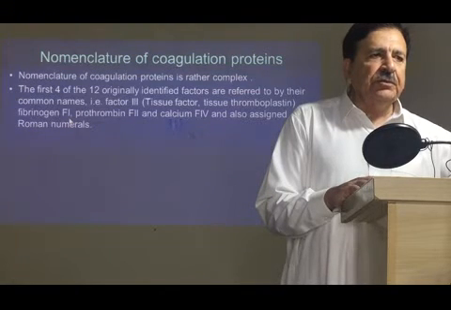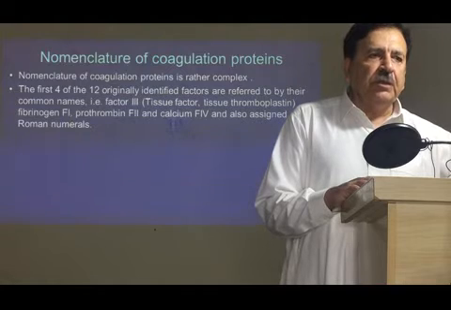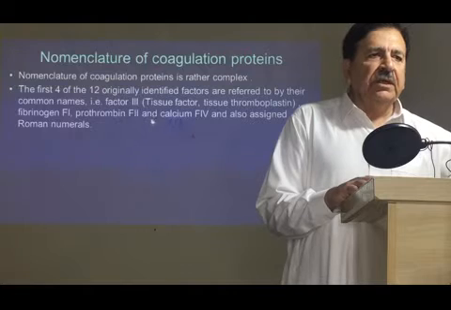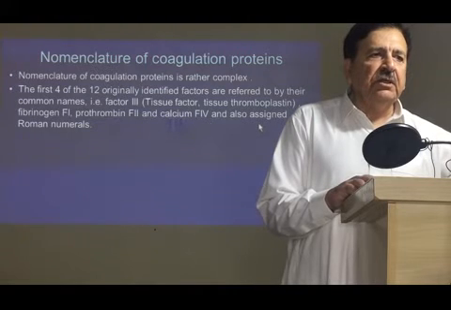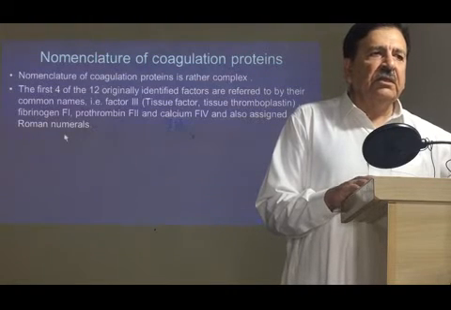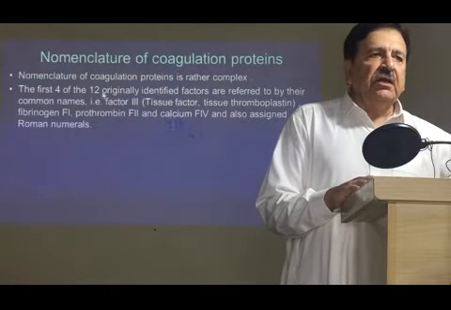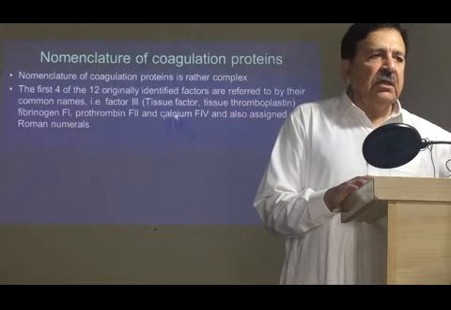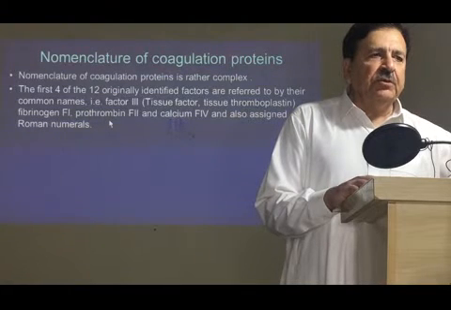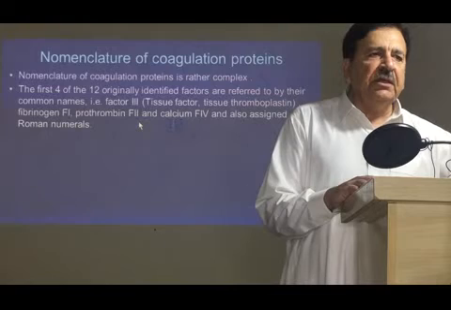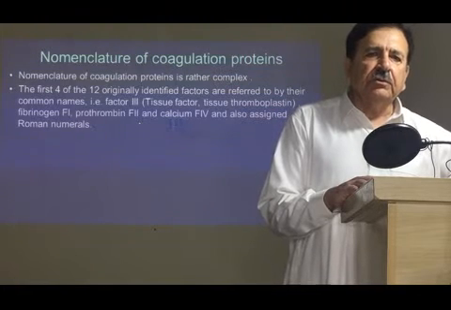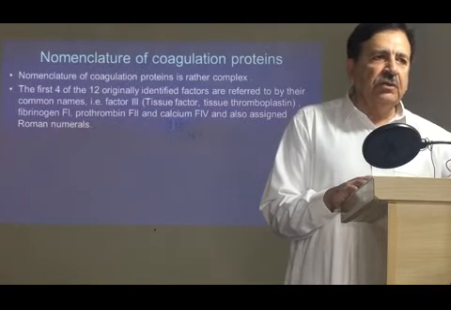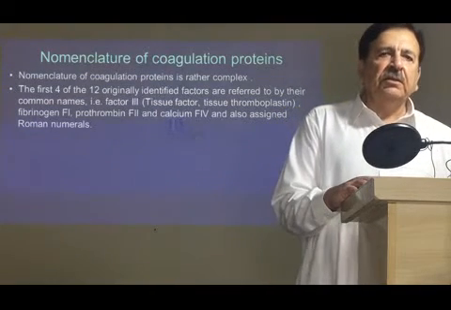Fibrinogen is also called factor 1, prothrombin is factor 2, and calcium is factor 4. So they are called by their common name, tissue factor, fibrinogen or prothrombin, or they are called factor 3, factor 1 or factor 2. They have both the Roman nomenclature and their common names.